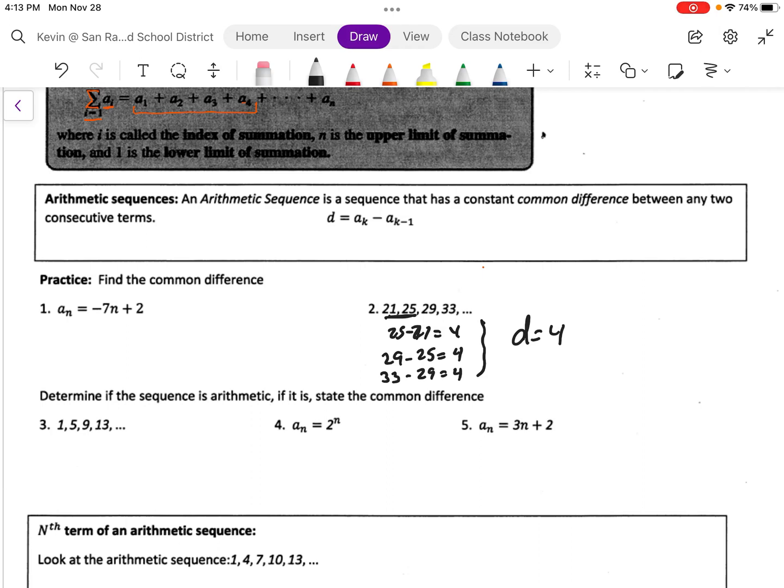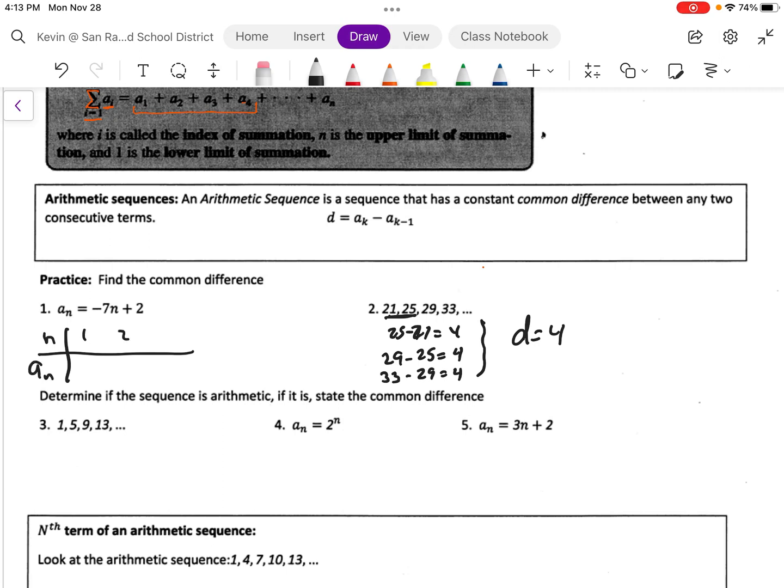Let's come back to number 1. It says a sub n equals negative 7n plus 2. Let's make a quick chart, with n, our terms, and a sub n.